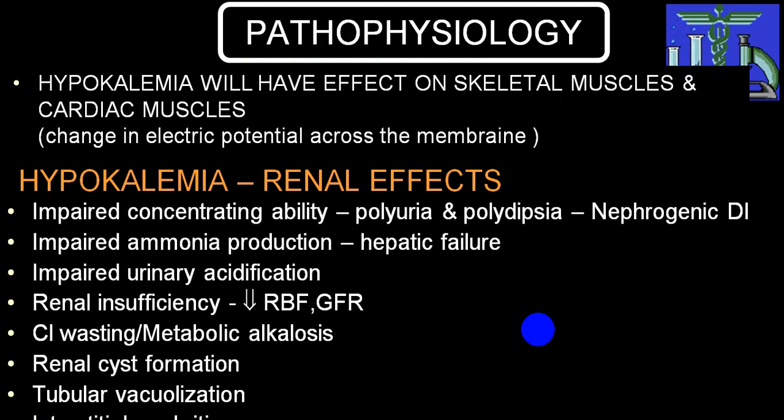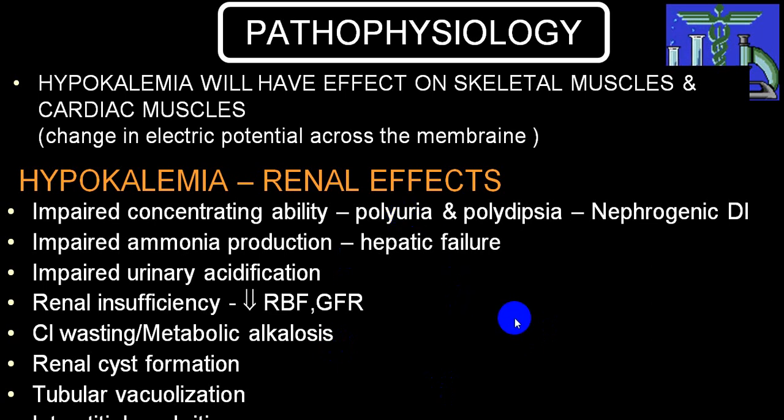Now we'll go through a little regarding the pathophysiology side. Hypokalemia will be because of, one, decreased intake of potassium, which is very uncommon, but if the person has decreased intake, it is likely to produce hypokalemia.